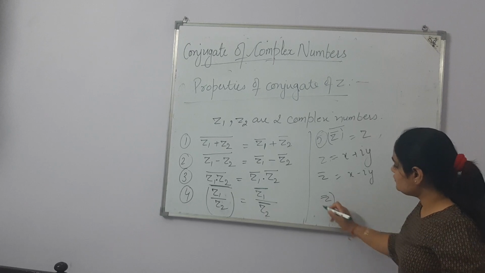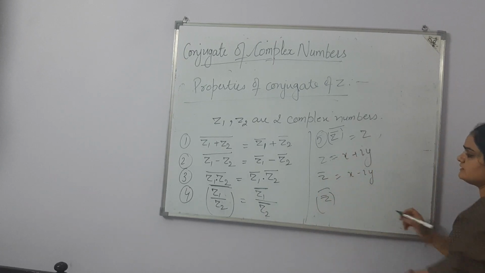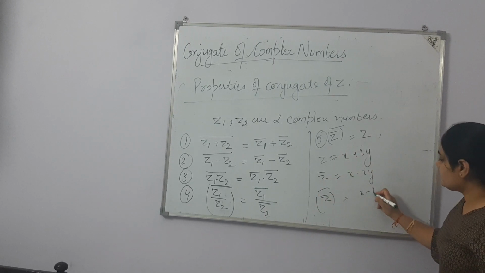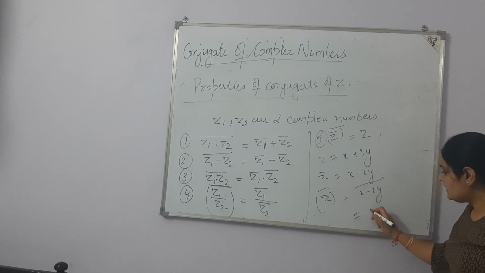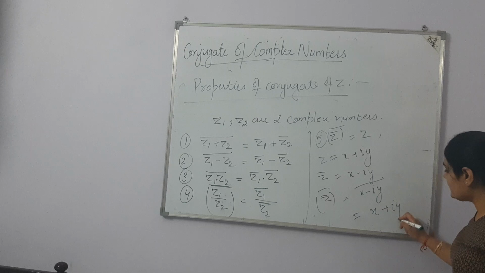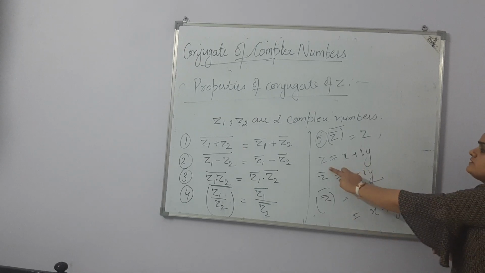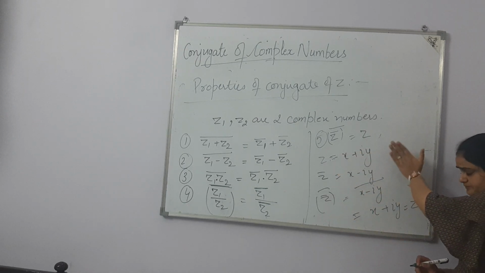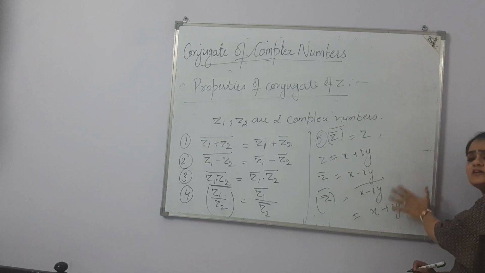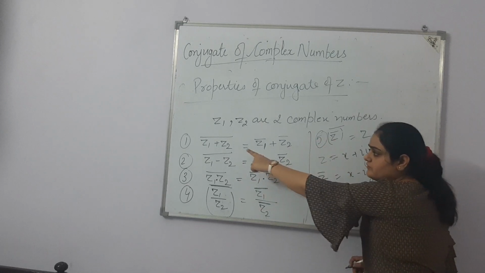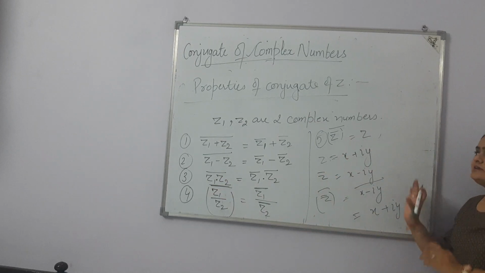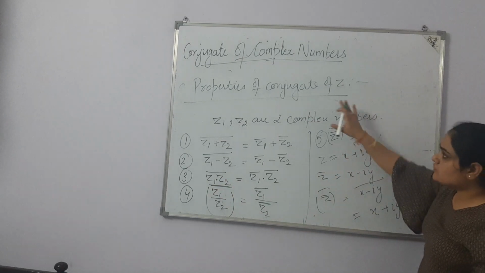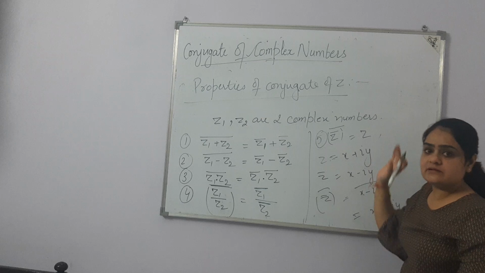So for z's conjugate's conjugate, the last property, x minus iota y is conjugated, so the in-between symbol will be changed. It becomes x plus iota y, and this is your z. In the same manner we can prove all these properties. We can add, subtract, multiply, and divide. These are the 5 properties of the conjugate of complex numbers.